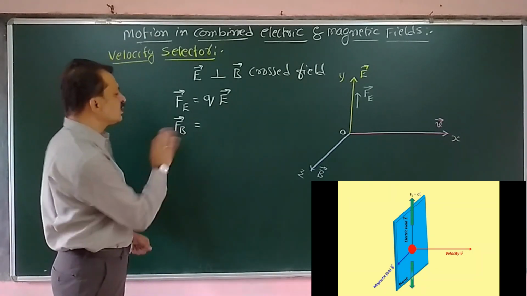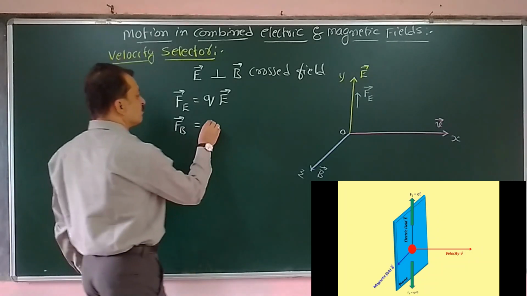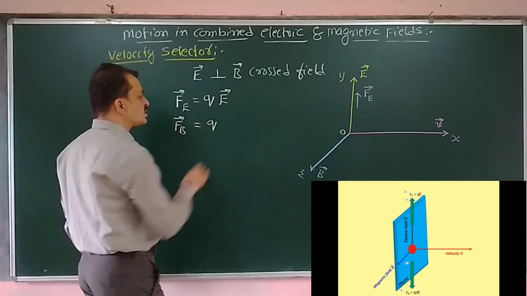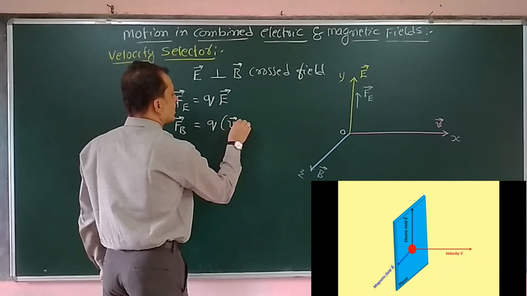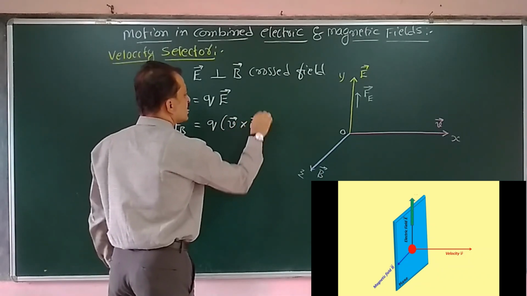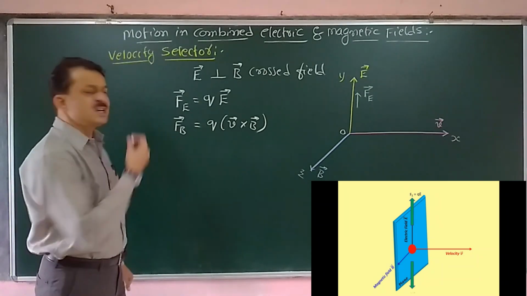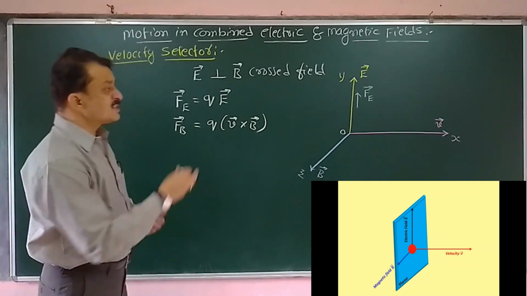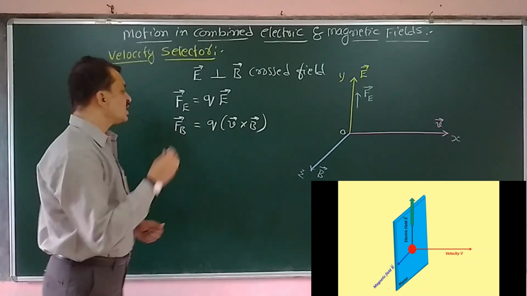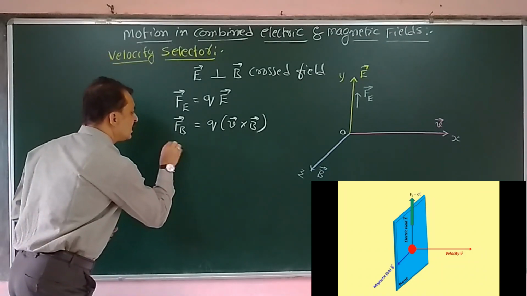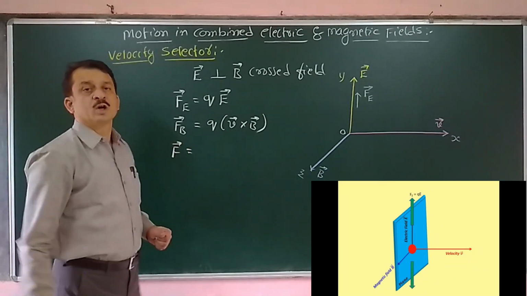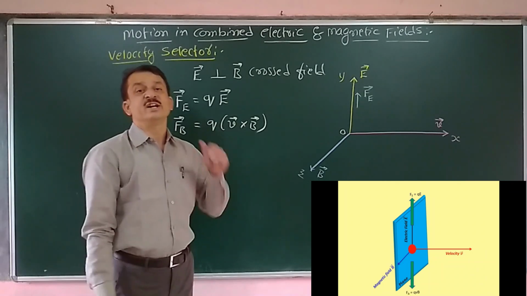We can represent it in both the ways. Magnetic force is given by charge multiplied by the cross product of velocity vector and the field vector, that we have already studied. Then what is the net force on the charged particle? This net force is called Lorentz force that we have studied.